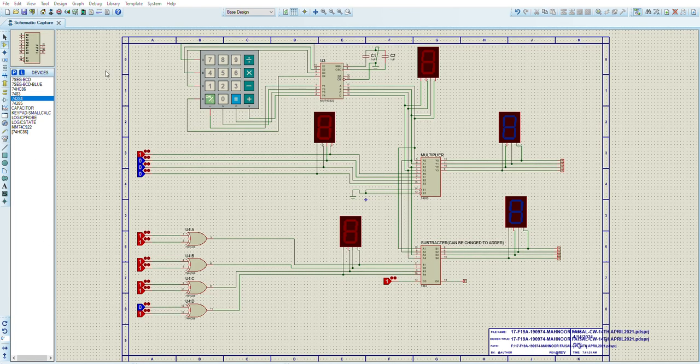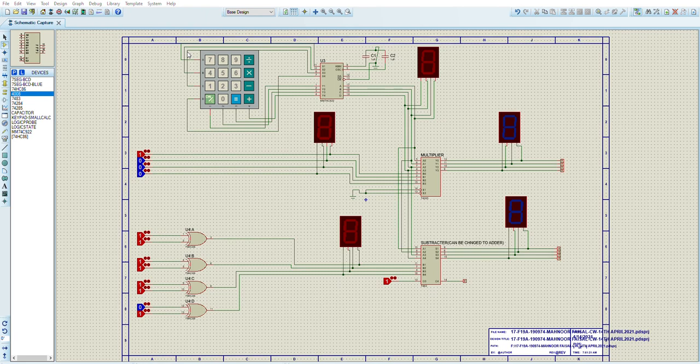I'll show you the difference as well in the 4-bit adder. There are two types. One is this one. I'll also be adding this, and the next one is this one, which is what we are using right now.